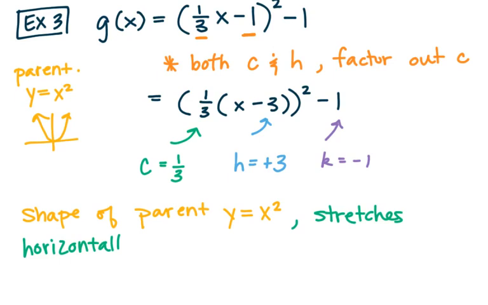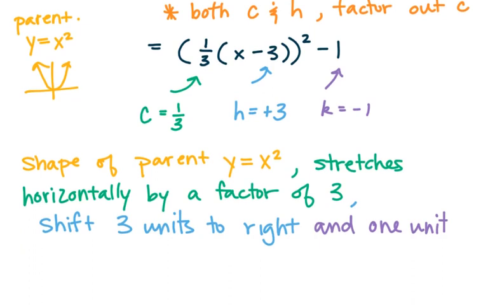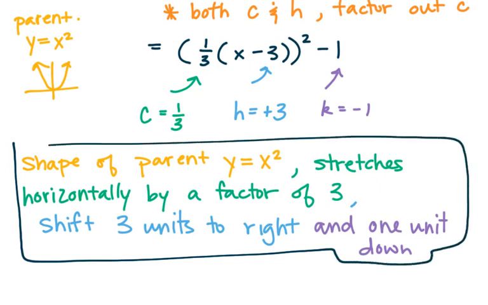So it's going to be by a factor of 3, so it'll be 3 times as wide. So it stretches horizontally by a factor of 3. And then we're going to shift 3 units to the right and 1 unit down. So that would be all of my phrasing for answering this question.